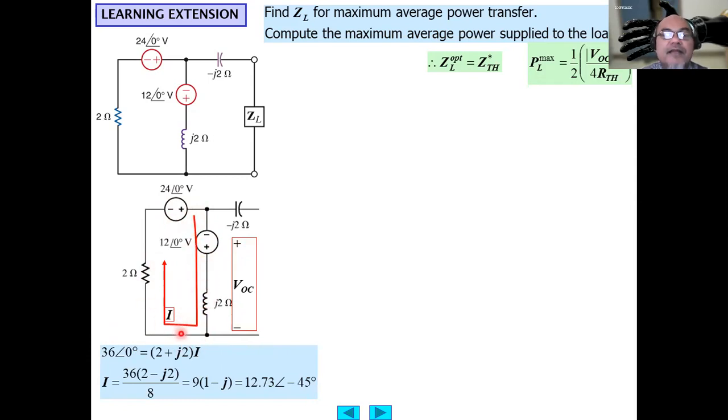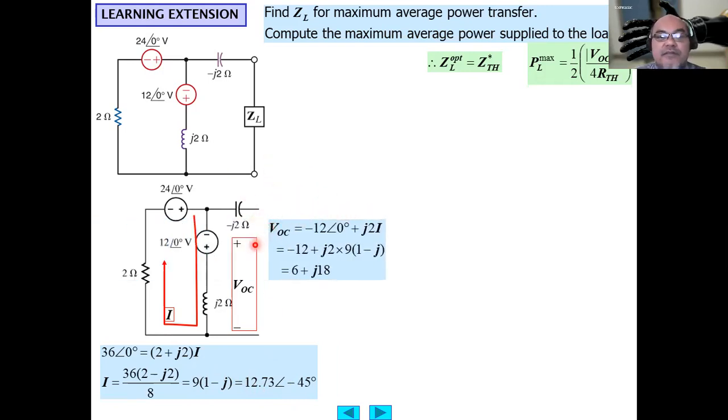Then the current will be equal to 36 times (2 minus j2) divided by 8. The current here equals this one, which is 9 times (1 minus j), or 12.73 with a phase angle of minus 45 degrees.